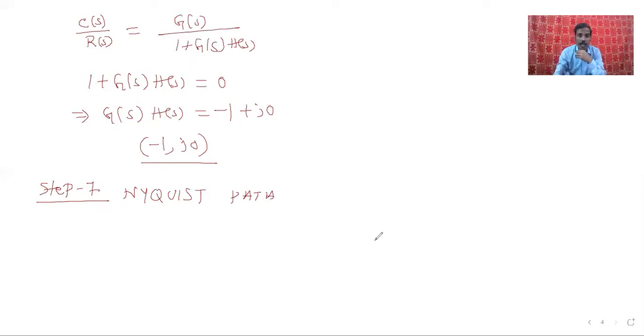What is the Nyquist path? Suppose this is the real axis, this is the imaginary axis, and there is only one pole at the origin, s equals 0.